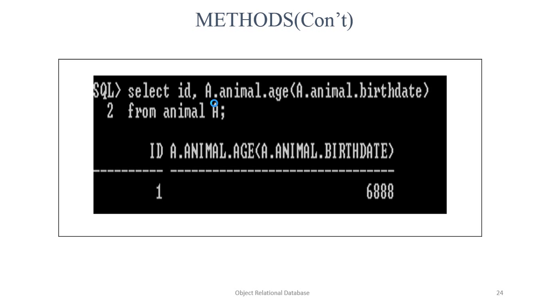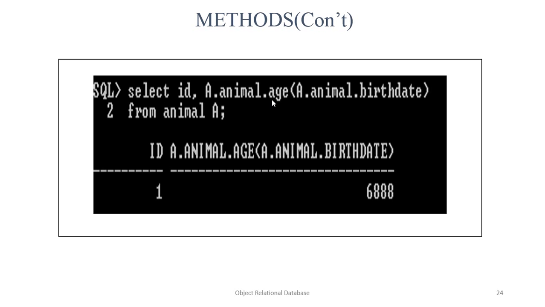In this, how the age method can be accessed is shown. First, an alias for the table animal should be created, that is A. The age function is present within the animal_ty data type, that is the object type. The table has an attribute called animal whose type is animal_ty. Hence, the age method is accessed with that attribute name as a.animal.age.